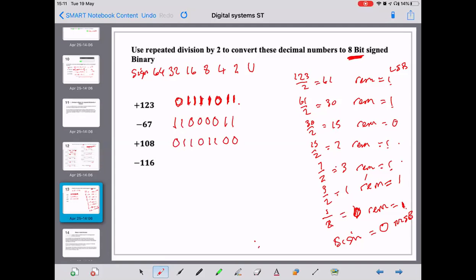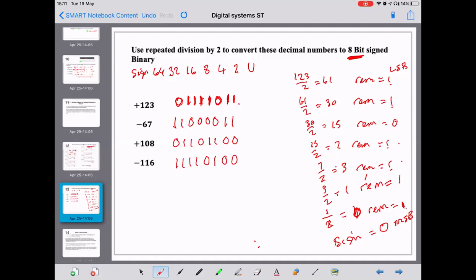Yeah, go on then, Jake? 1 1 1 0 1 0 0. Yeah, absolutely correct. So that's relatively simple to switch either way, either to go from decimal to binary or vice versa.